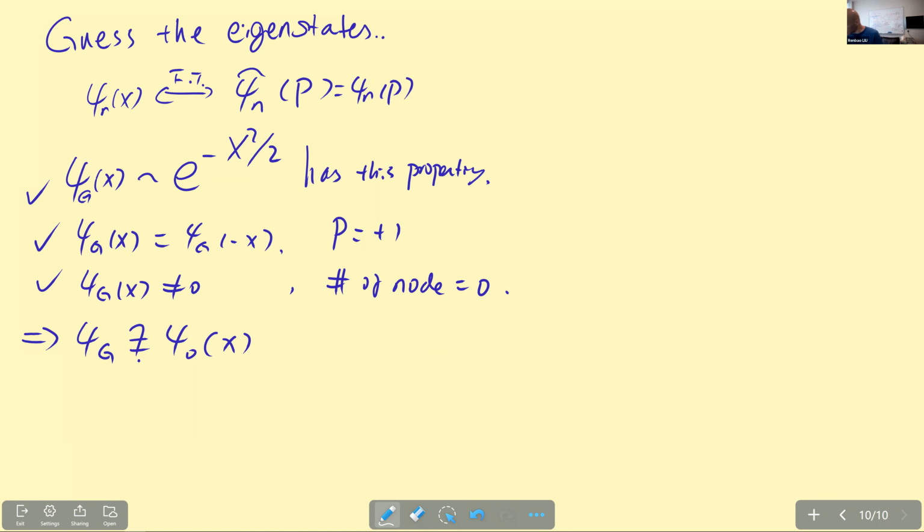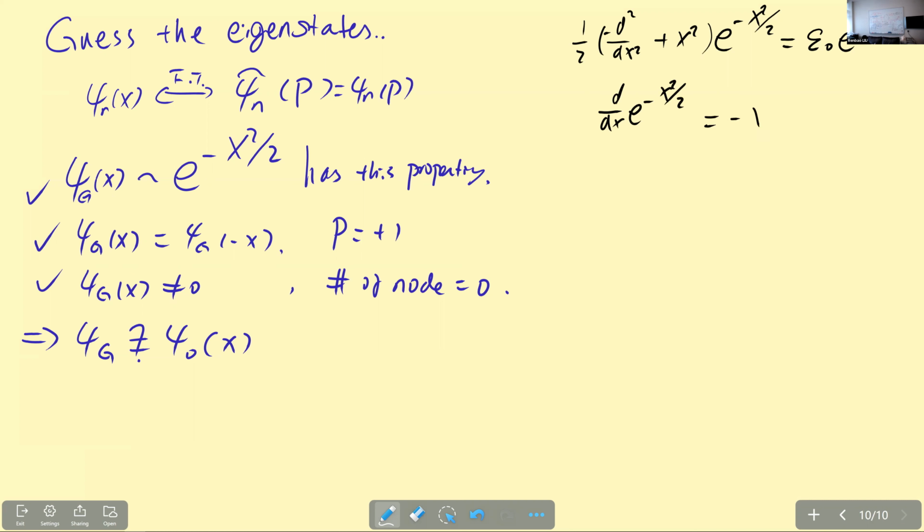We put this back into the equation and check. The equation should be minus 1/2 d squared over dx squared plus 1/2 x squared. This calculation is very simple. You can do the differential once, which gives just minus x e to the minus x squared over 2, right?